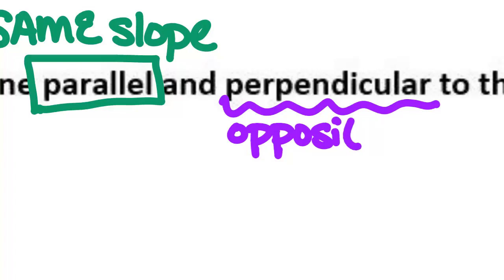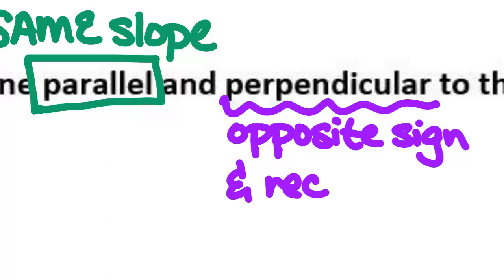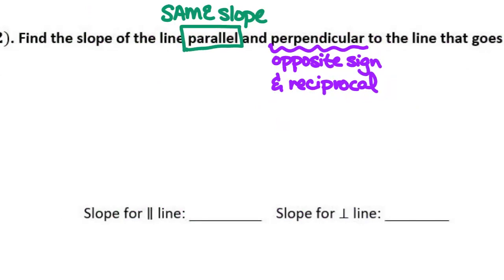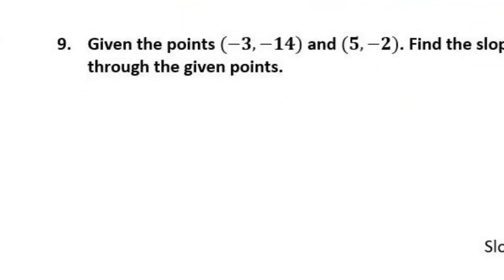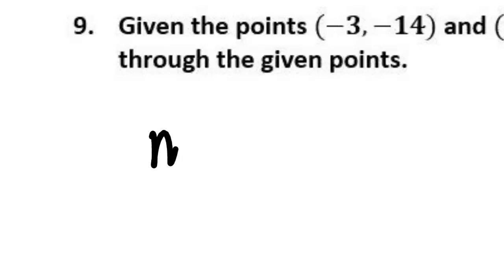Opposite sign and reciprocal. So I'm going to have to figure out what the slope is through the 2 points that they gave me. What is slope again? When you're looking at a graph, slope is rise over run.